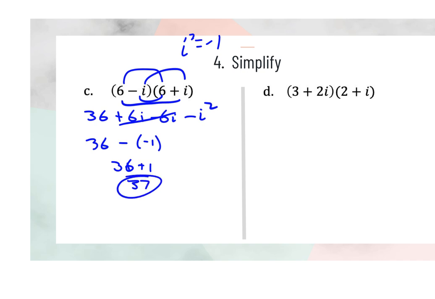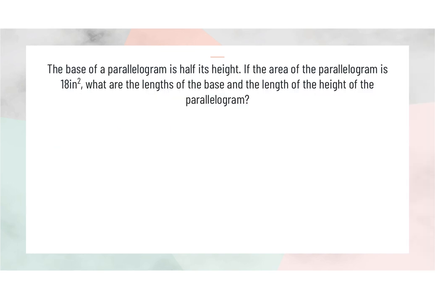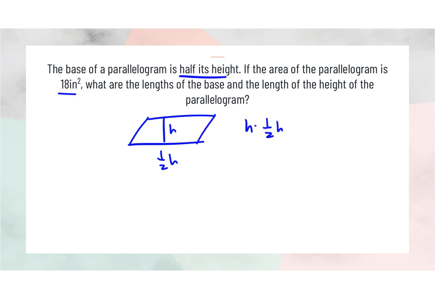Okay, let's skip to the last one. Base of parallelogram is half its height. The area of the parallelogram is 18. Find the lengths of the base and the height of the parallelogram. So the base of the parallelogram is half its height. So h, 1/2 h. So h times 1/2 h equals 18.